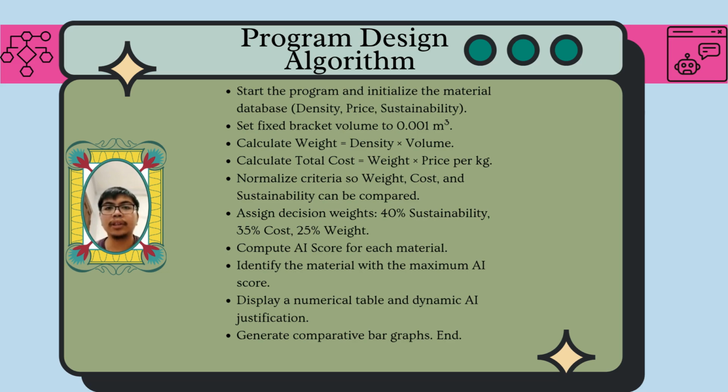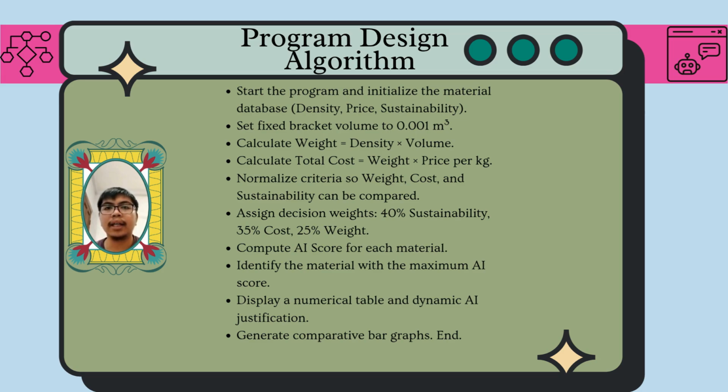Fifth, the system runs our weighting formula, where we allocate a dominant 40% weight to sustainability, ensuring our decision-making explicitly prioritizes eco-friendly infrastructure without ignoring realistic economy boundaries. For cost and weight, the respective weightages are 35% and 25%.